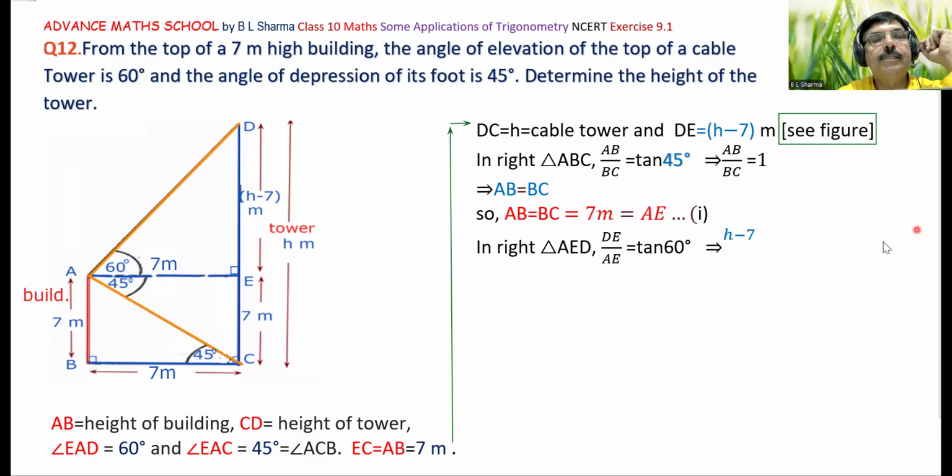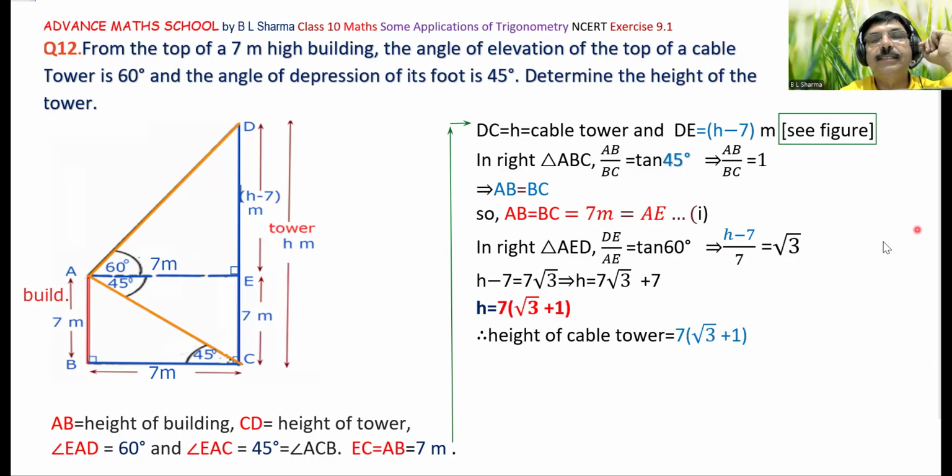DE is H minus 7, AE is 7, tan 60 is equal to root 3. So H minus 7 is 7 root 3. Take 7 to the right hand side. So H is equal to 7 root 3 plus 7. Take 7 common. So it is root 3 plus 1. So the height of the tower, that is H, that is 7 multiplied by root 3 plus 1 meter.